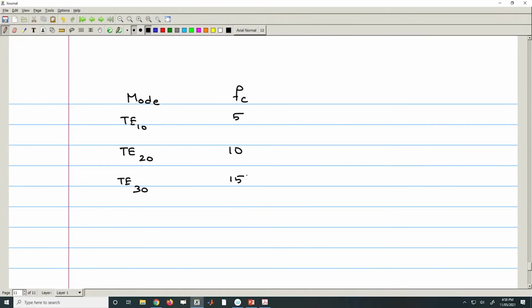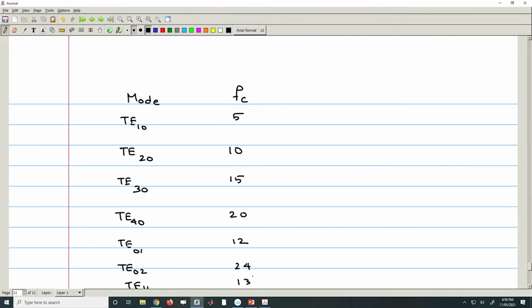So these are all in GHz. Again for TE40 the cutoff frequency is 20, for TE01 it's 12, for TE02 it's 24, and for TE11 it's 13.